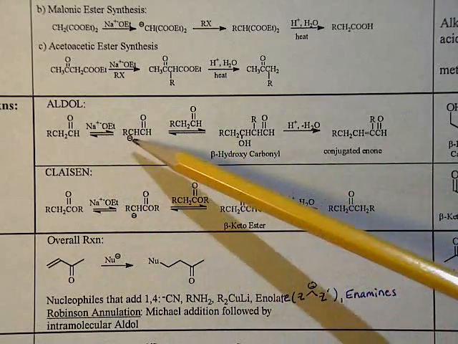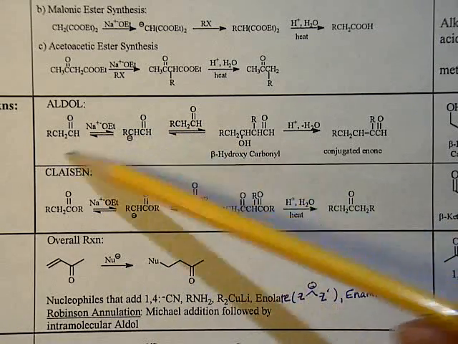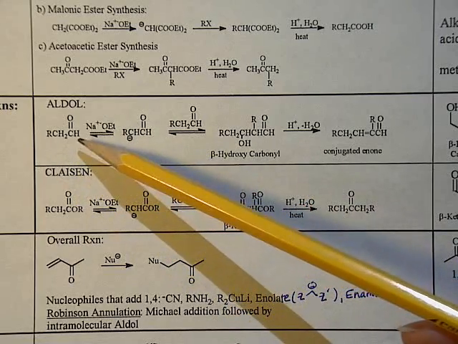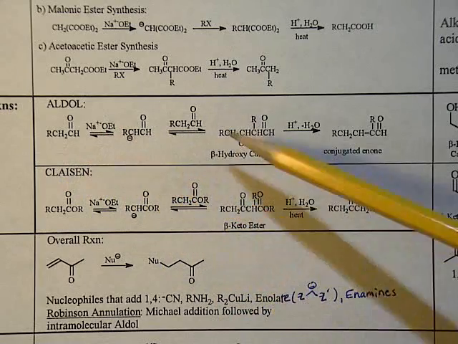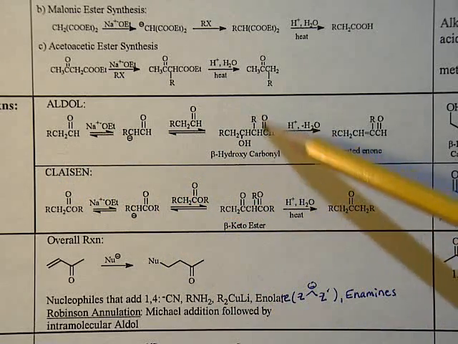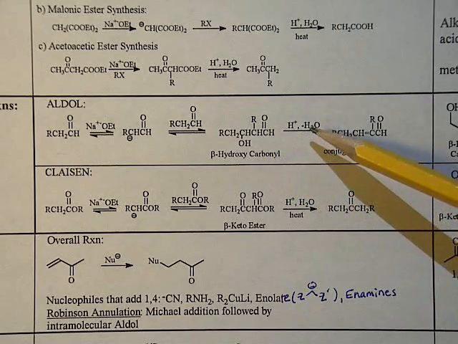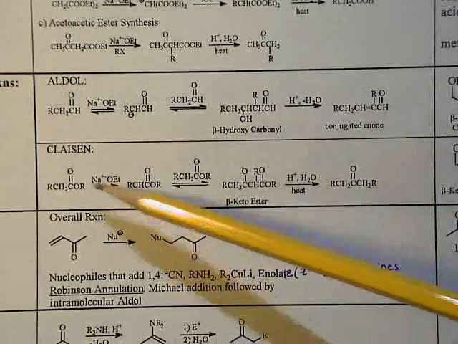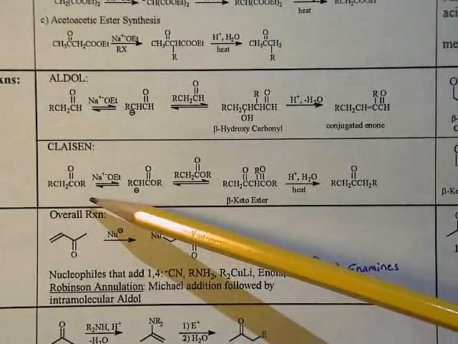So in self-condensation, you're using a weak base, so that you have in the pot both the enolate and the unreacted carbonyl, so that they can react with each other, and form this intermediate, which is a beta hydroxy carbonyl. And then if you heat it, then you get the conjugated carbonyl. Claisen, you're doing the same thing, except you're starting with an ester functional group rather than an aldehyde or ketone.